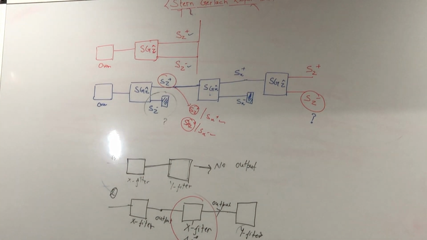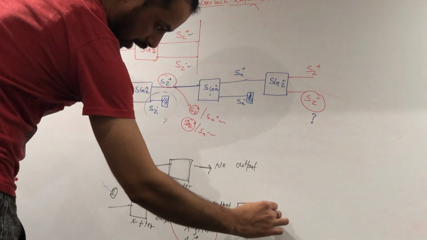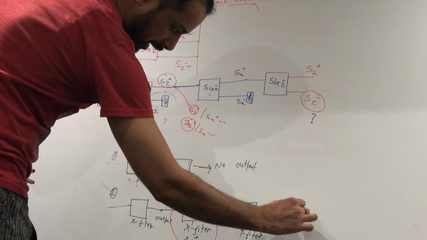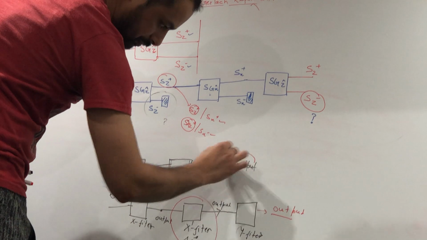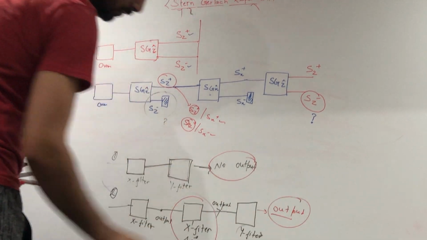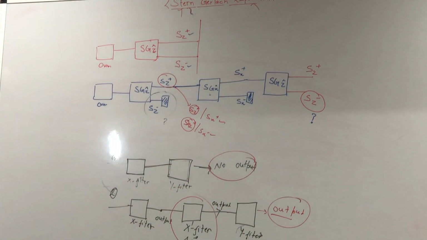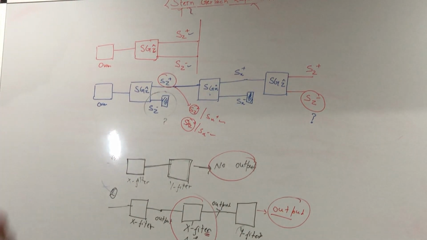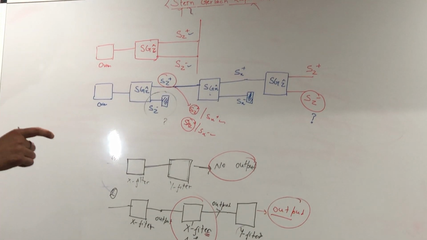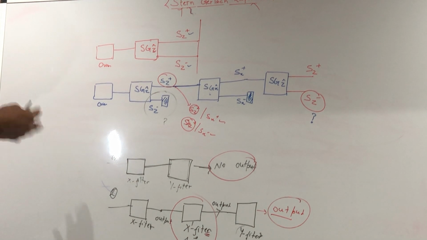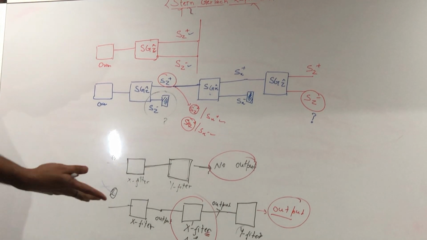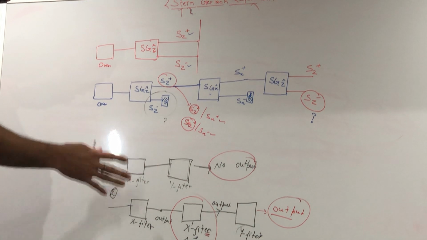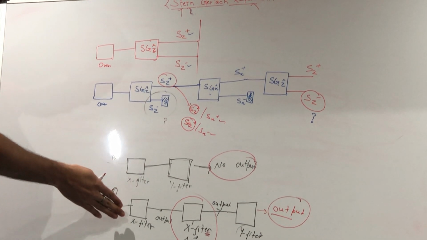Here we get the output along the y-axis. So the introduction of the X prime filter has changed the status, the whole scenario.